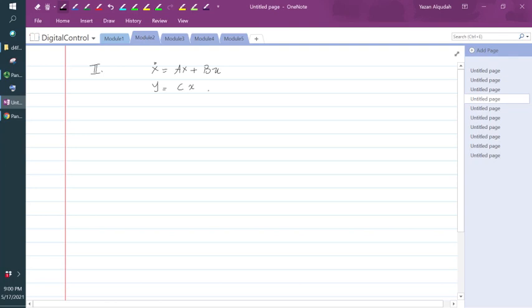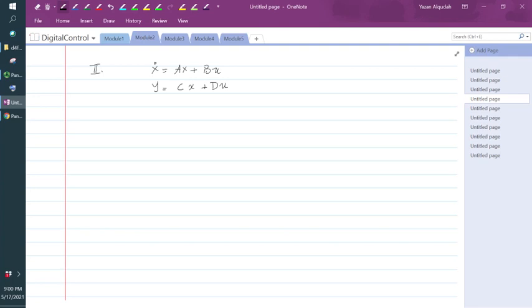Now in general we also have another matrix D multiplied by u. What we're going to do is take this state space representation and obtain the transfer function from it.